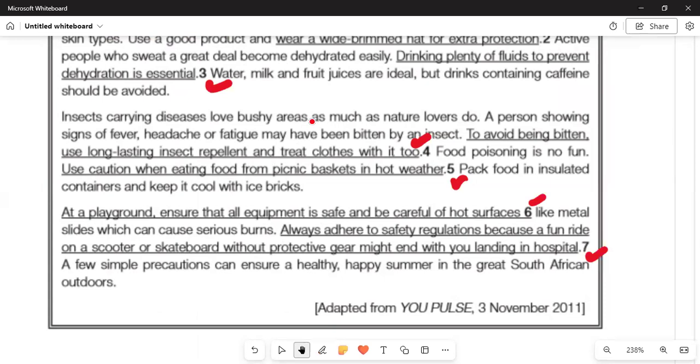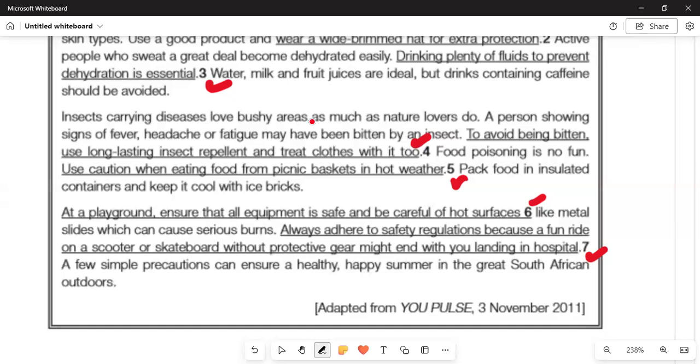To avoid being bitten by an insect, use long-lasting insect repellent and treat clothes with it too. Food poisoning is not fun. Use caution when eating food from the picnic basket in hot weather. Pack food in insulated containers and keep it cool with ice. Ensure that all equipment is safe and be careful of hot surfaces like metal slides, which can cause serious burns, and a fun ride on a scooter without protective gear may end with you landing in hospital. A few simple precautions ensure safety.